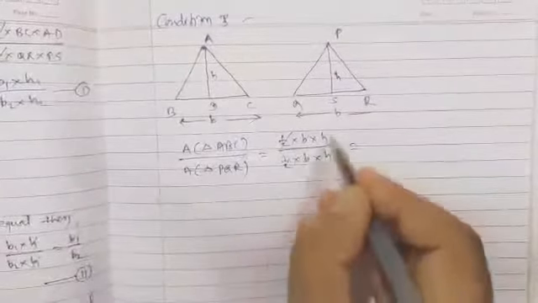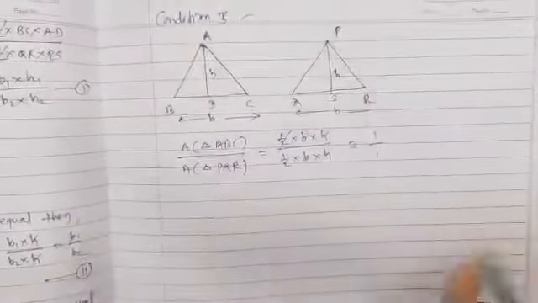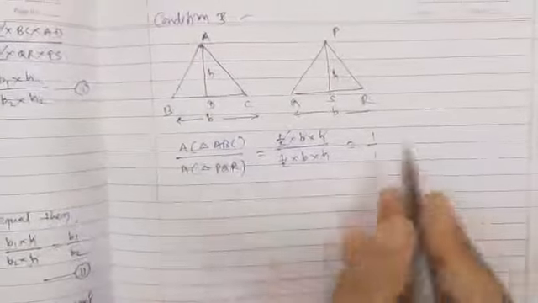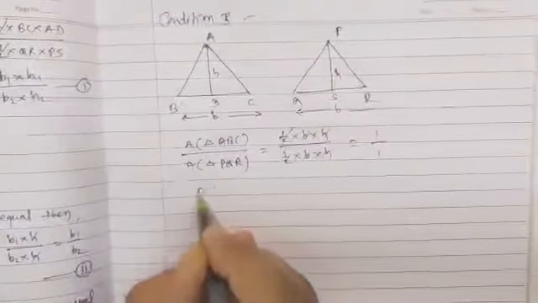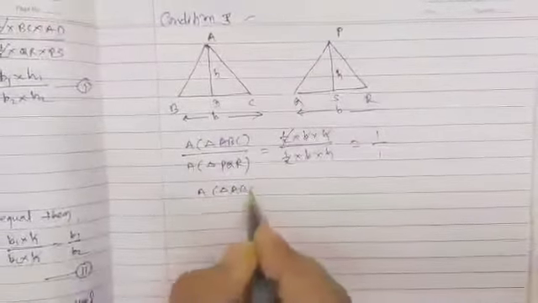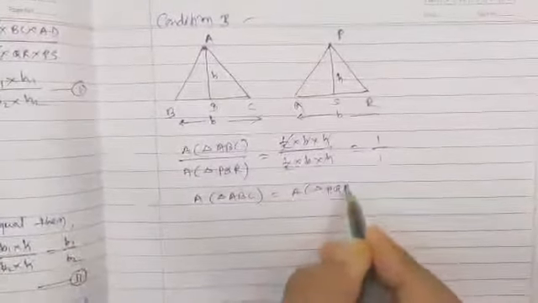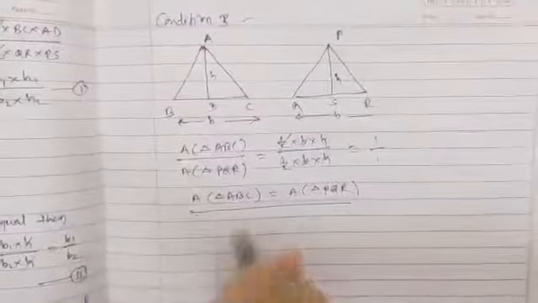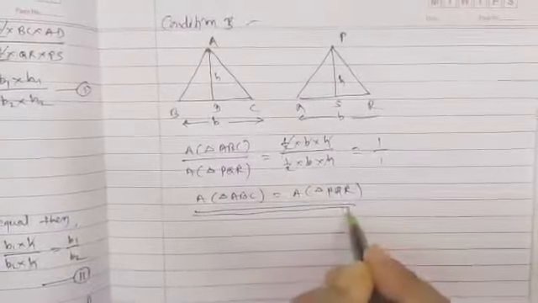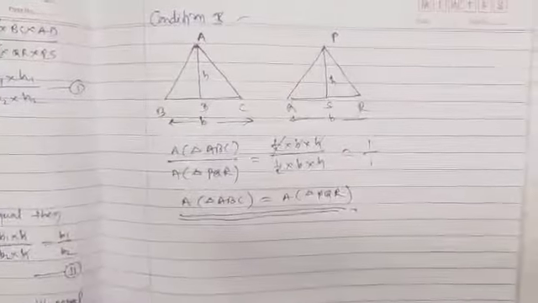So all terms get cancelled, we get 1 by 1. By cross multiplication, area of triangle ABC is equal to area of triangle PQR. This is our other condition, condition number 3.